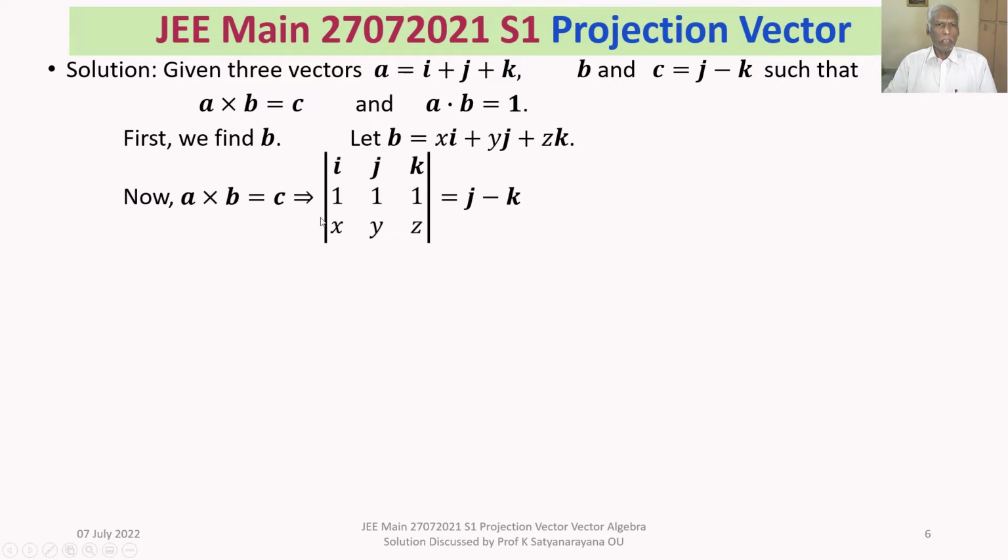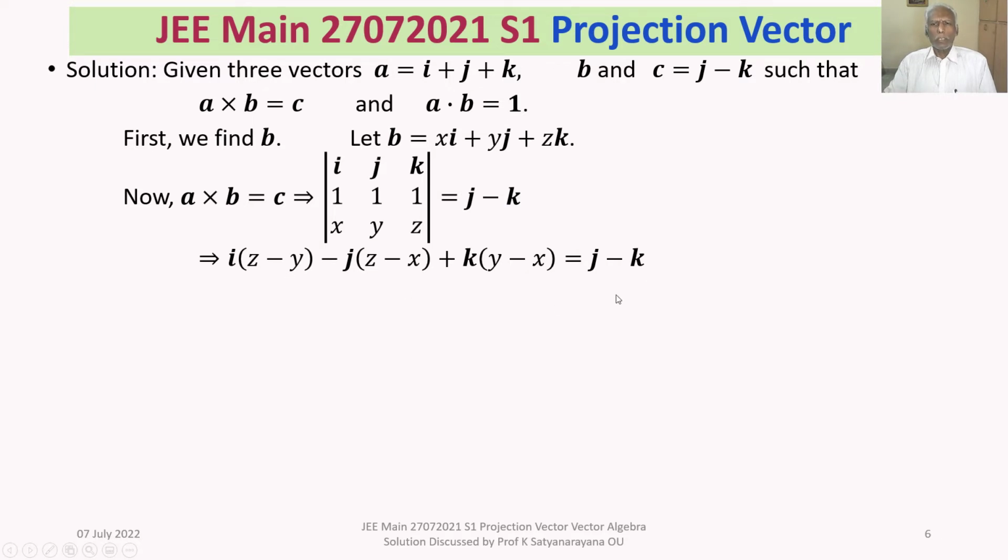A cross B is the determinant whose first row is i, j, k, whose second row are the components of A, that is 1, 1, 1, and the third row the components of B, x, y, z, is equal to C, which is j minus k. Expanding this determinant along the first row, we get this, and that is equal to j minus k.